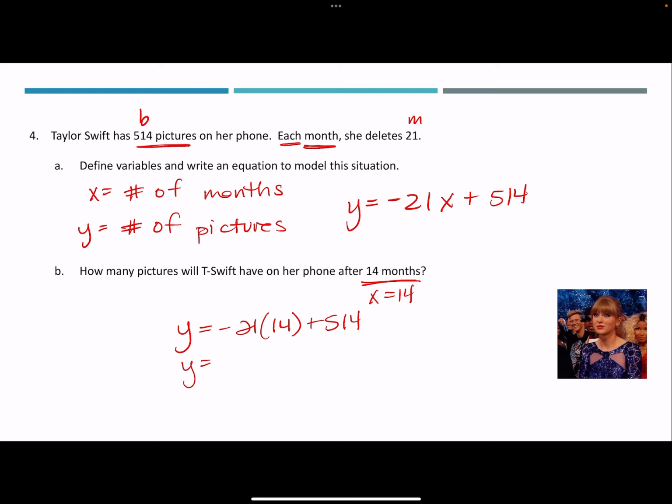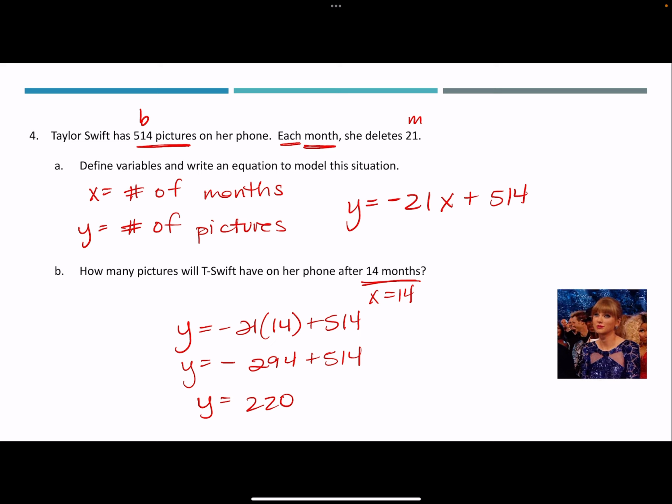I'm typing in negative 21 times 14, and I get negative 294. And now I'm adding negative 294 plus 514. Let me type that in, and I get 220.